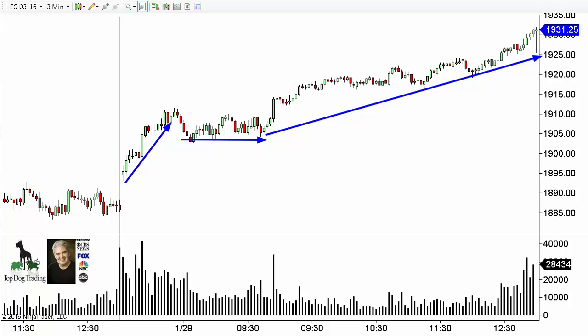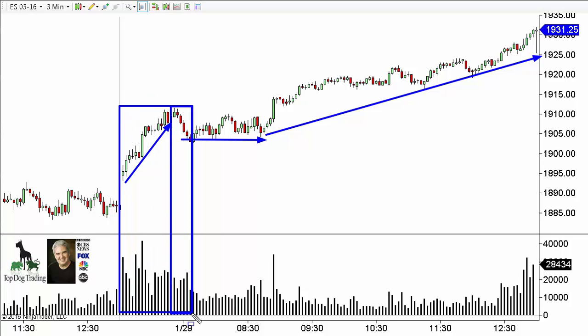This whole section has nice big volume, and that includes this section where the market is retracing. So it's retracing on still very high volume, in fact some of the highest volume of the day if you take this across. And yet it's retracing. Then, when it goes sideways, volume kicks in to roughly about this level here.